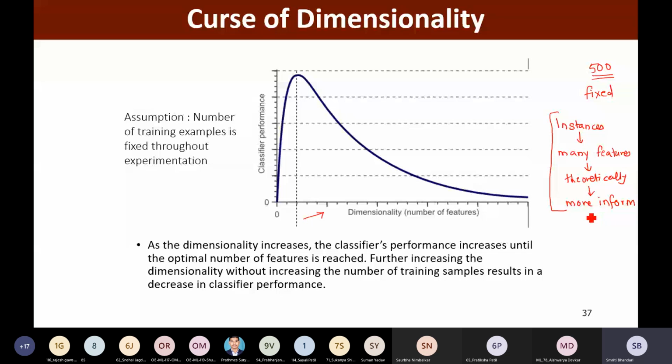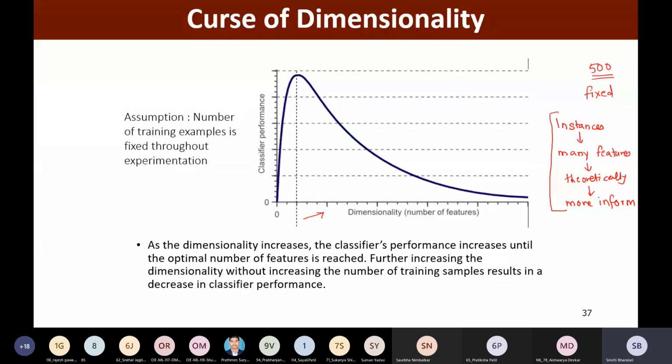Why? Because if we are having lots of features and if we are not having many number of training examples in that proportion, then what will happen is by increasing the number of features, we are increasing the noise or we are increasing the redundant data that is being used to describe the instances.